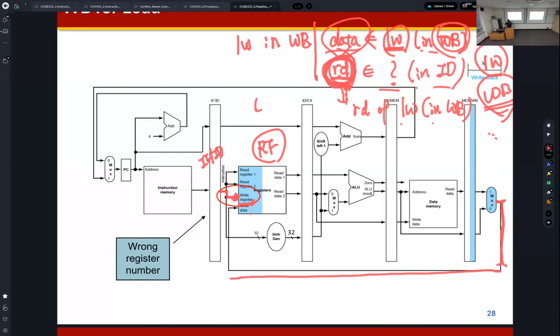Okay, we can use the correct RD for this data, for the instruction in the write back stage. How? The data is here, so which means that we can make the RD also here. How?